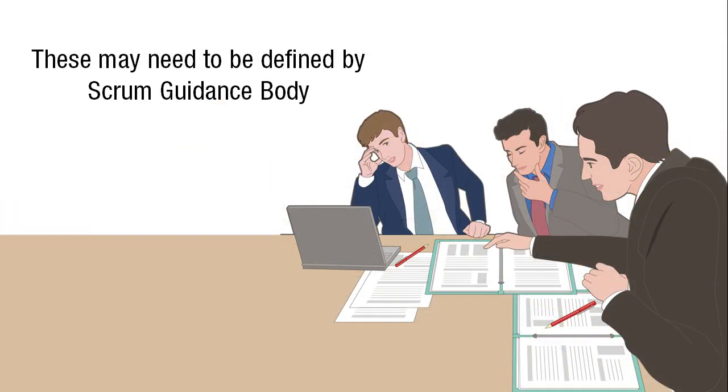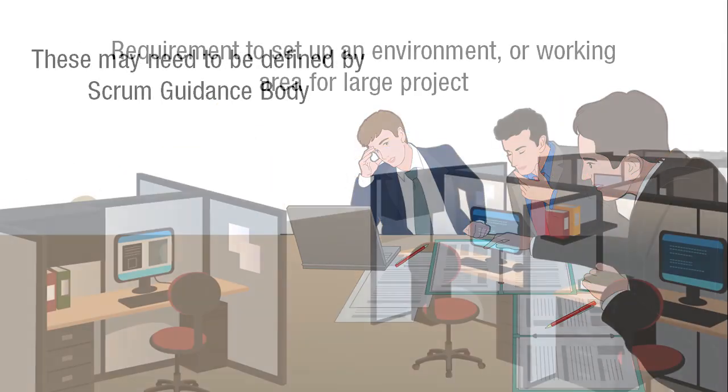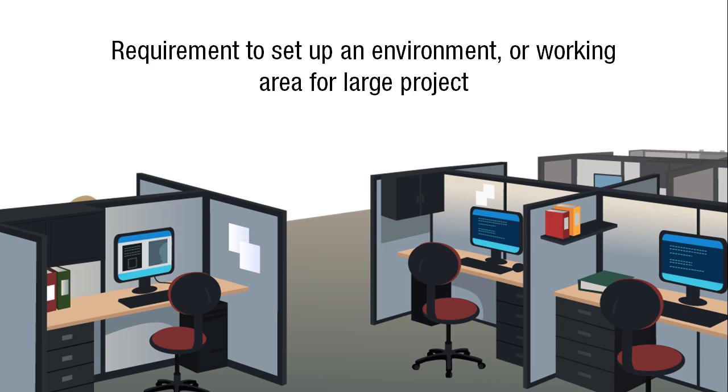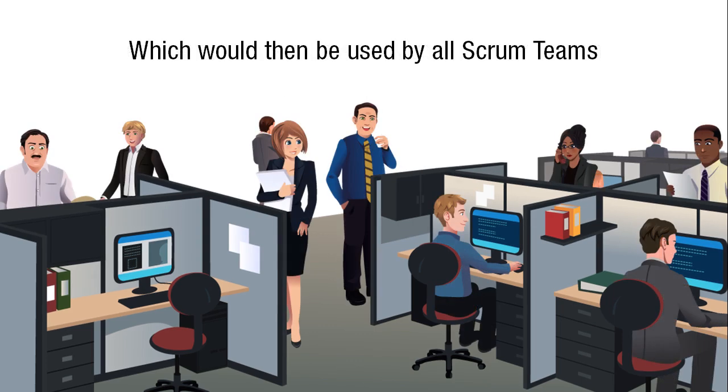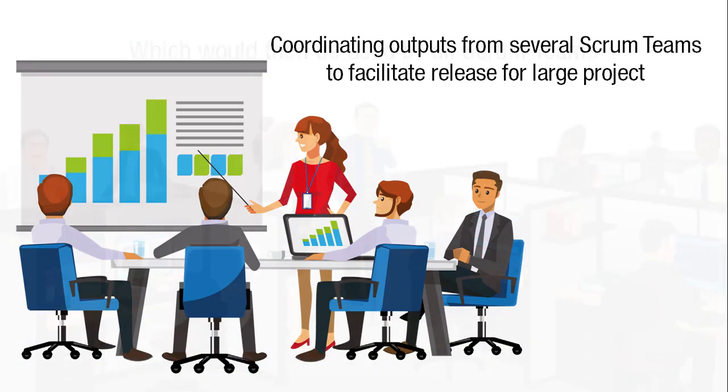These may need to be defined by the Scrum guidance body. Also, requirement to set up an environment or working area for the large project, which would then be used by all Scrum teams, and need for coordinating the outputs from several Scrum teams to facilitate release for a large project.